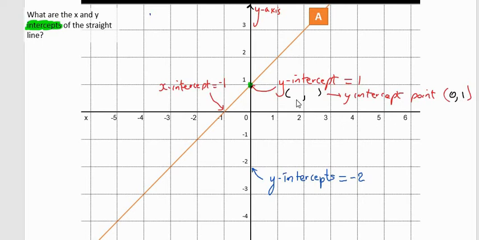Do you see any relationship between the y-intercept value of 1 and the y location? Let me go over that again. Do you see any relationship between the y-intercept value of 1 and the y-coordinate of the y-intercept point?